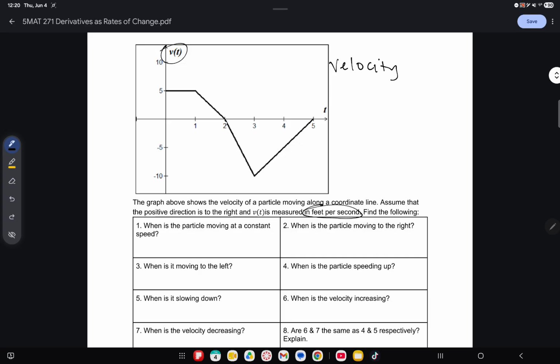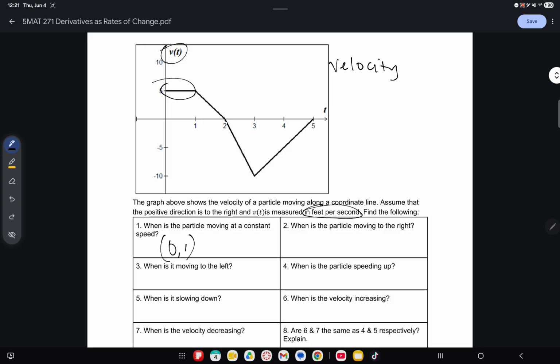So when is the particle moving at a constant speed? Constant speed is going to be when we're at a constant on this velocity here. So we can just do interval notation. We can say from 0 to 1.